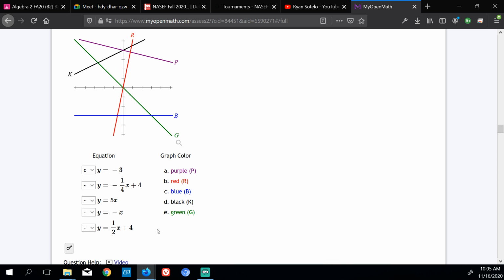The last one? Yeah. So that would be K. Does that make sense? What about the second one? Is that not it because it's positive? It's a negative slope. You see that? Right. So that's got to be the purple one. Okay. So this has to be the black one, which is D. That one's the downward slope at 4, so that's got to be the purple.